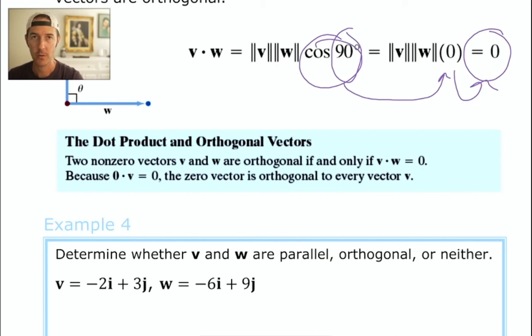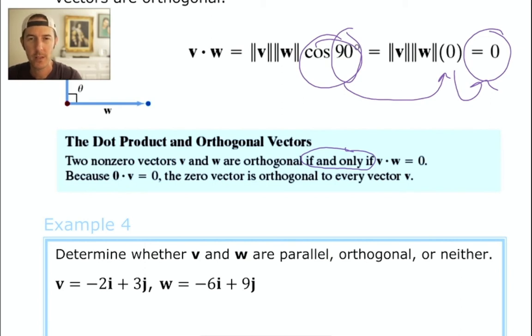V dot W, 90 degrees, dot product is 0. If the dot product is 0, theta must be 90 degrees. When you can say it forwards and backwards like that, that's sort of a bidirectional statement.